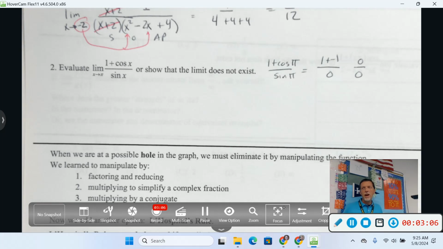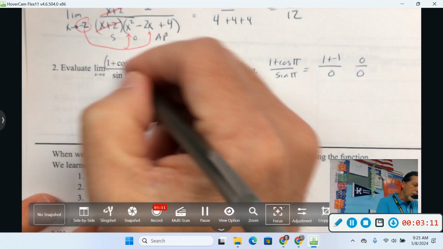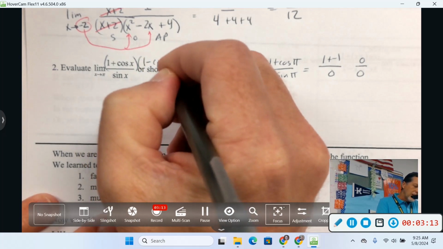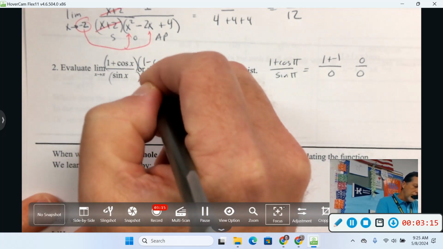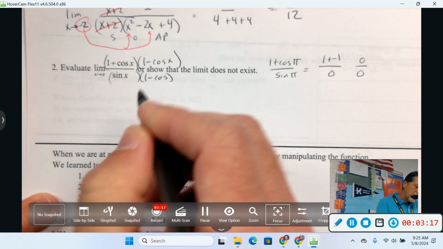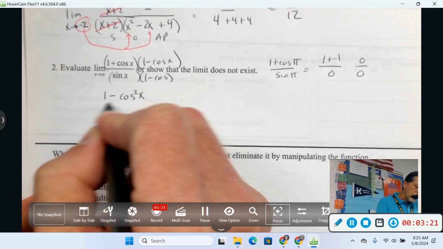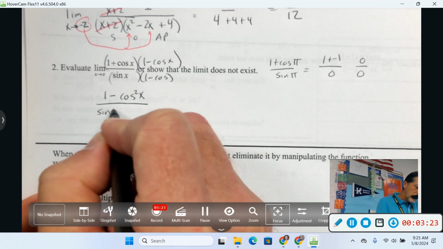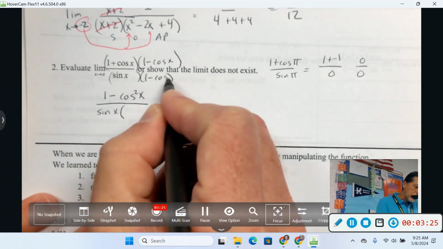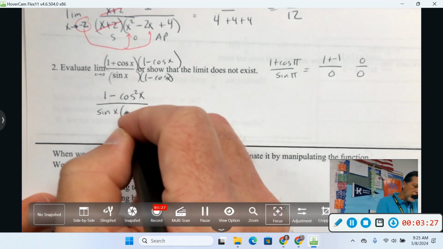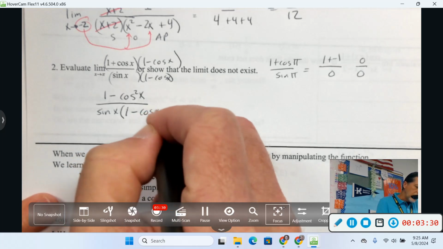But what do I have to do before I get to that? The conjugate, which is 1 minus cosine of x, top and bottom. So the top becomes 1 minus cosine squared. The bottom, don't really do much with the bottom, just leave it: sine of x times 1 minus cosine of x.